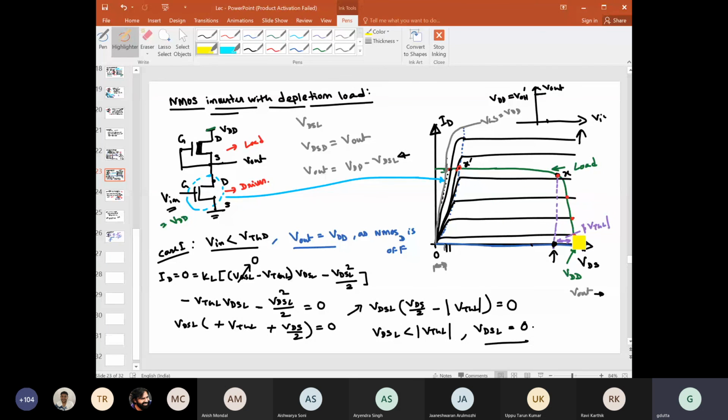But for this case, as the plot characteristics are like this, after this you immediately jump from the output high state to the output low state. Remember always that this is VDS for this transistor, which is also equal to the V output.